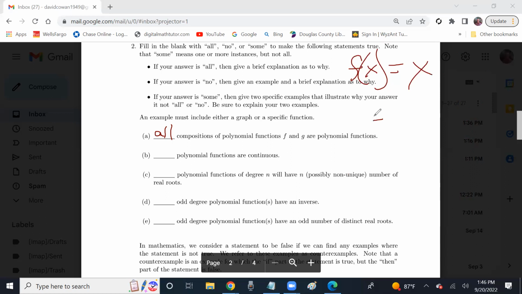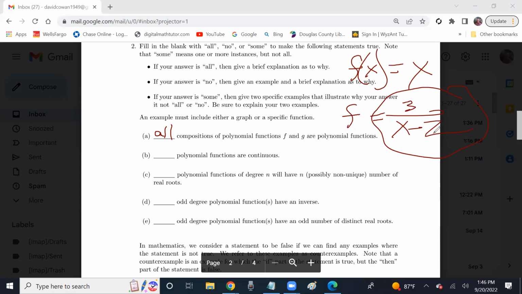Functions that are not continuous almost always involve division by 0 or square roots. In other words, something like 3 over x minus 2. That is not continuous because x cannot be allowed to be 2.